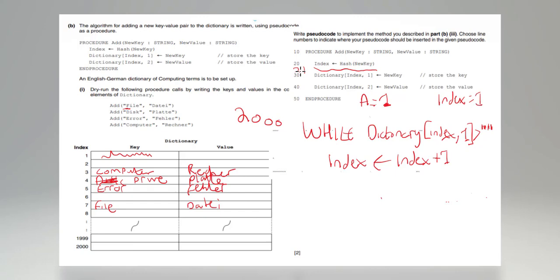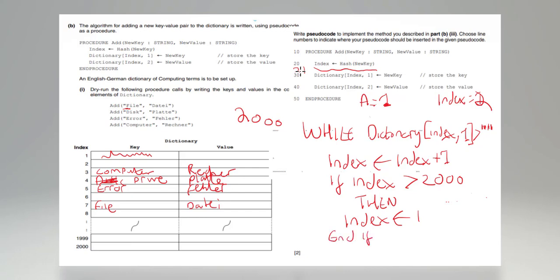Even though A is 1, it's going to change it to 2. If our index is larger than the 2000, then what we want is index to become 1 again, so it wraps around, and if, and while.